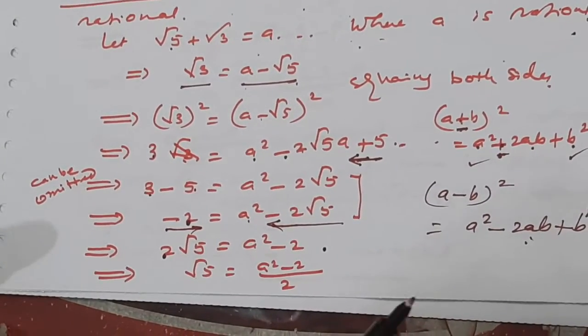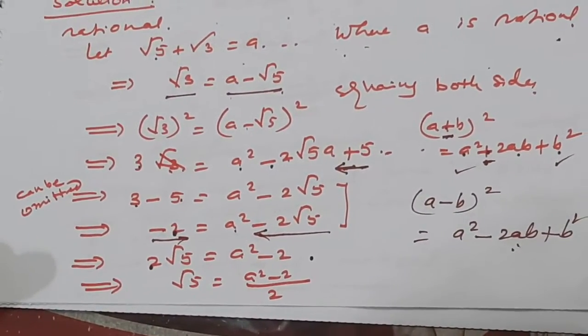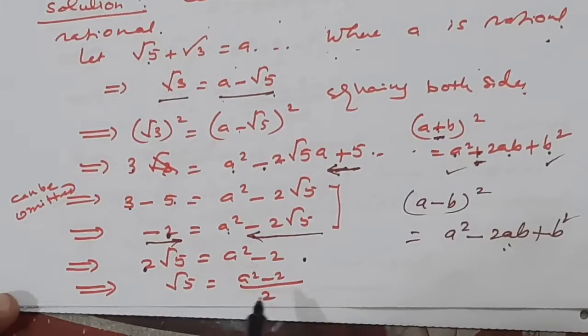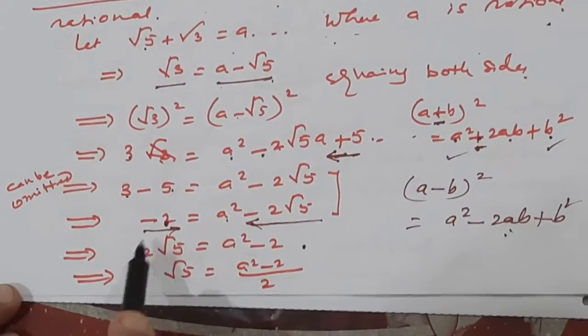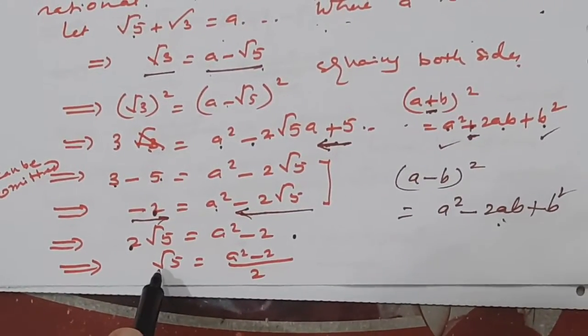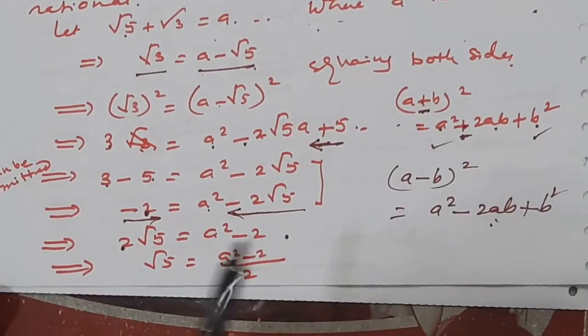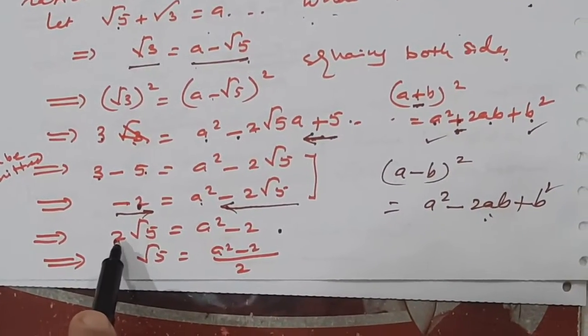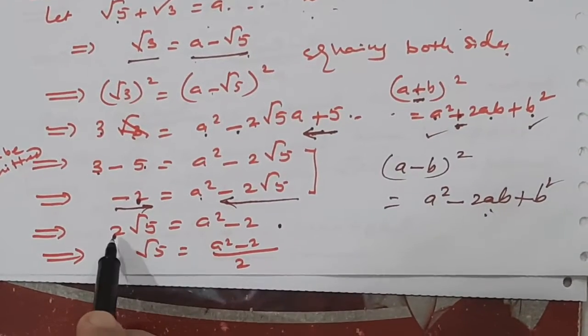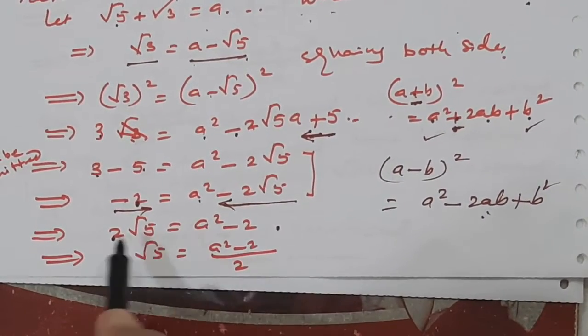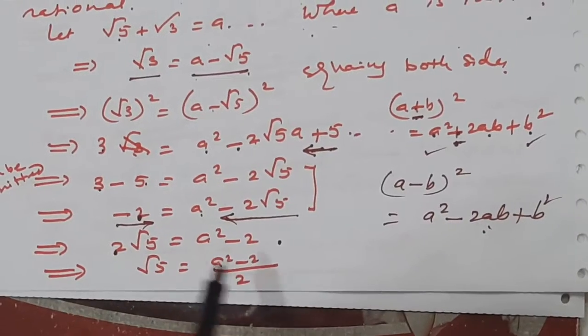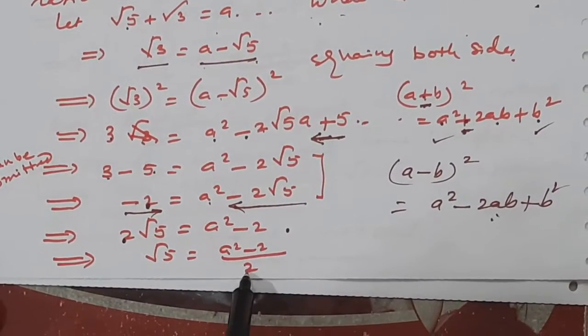Our line of solving is the same. What is the method? On one side it should be irrational, the other side should be rational. This is very important. So here 2a is there, and we have to take it to the right hand side, that is dividing by 2a. So right hand side is a square minus 2 upon 2a.